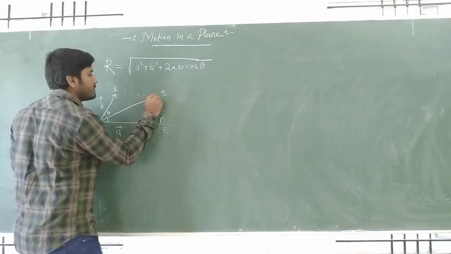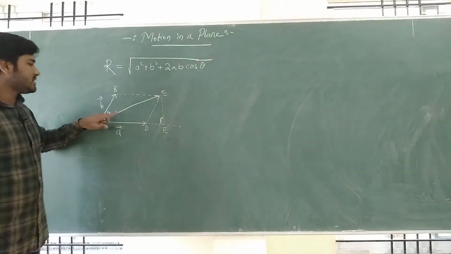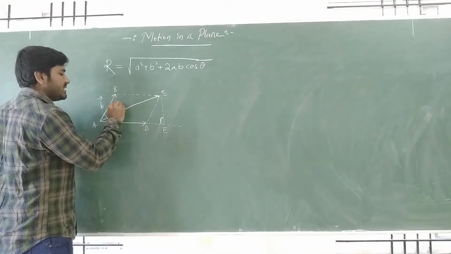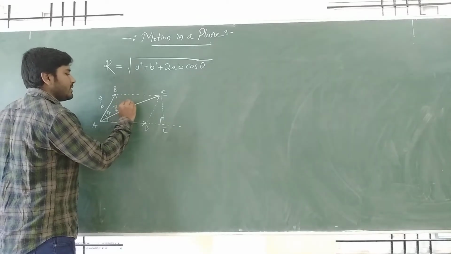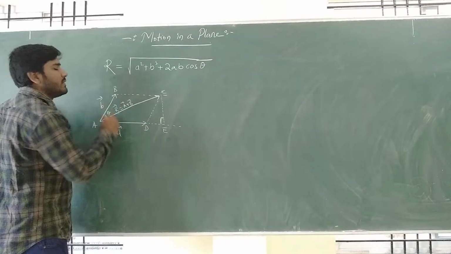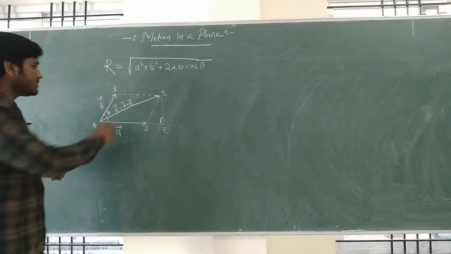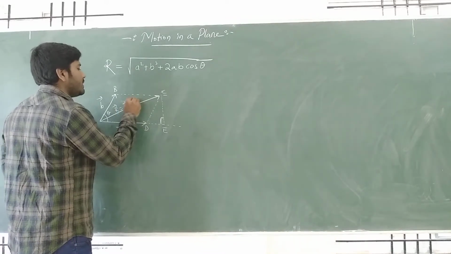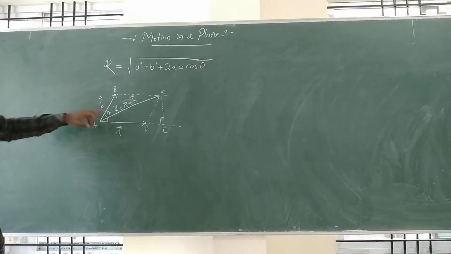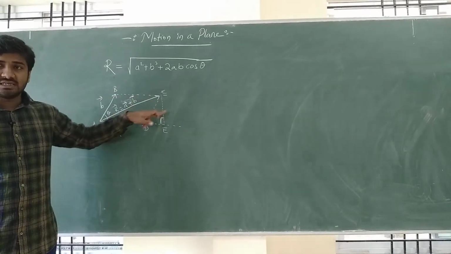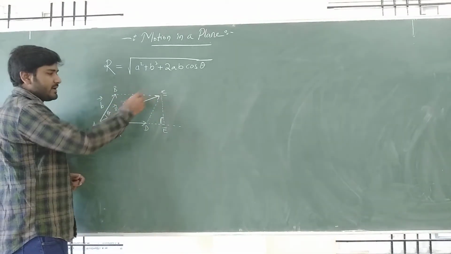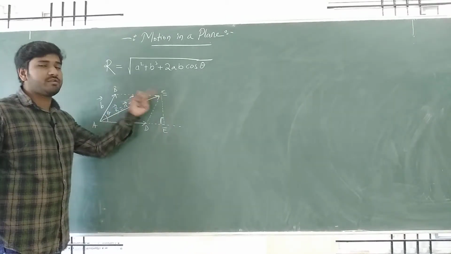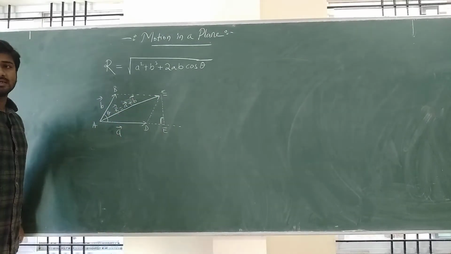That diagonal will give you R, the resultant vector, that is nothing but vector A plus vector B. So to add these vectors, which are representing two adjacent sides of the parallelogram, the resultant vector A plus B will be the diagonal of this parallelogram, that we have seen in the last class already.